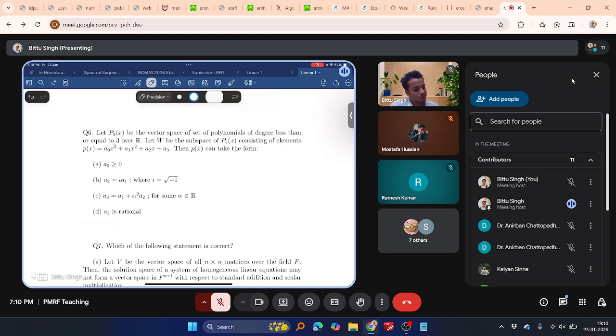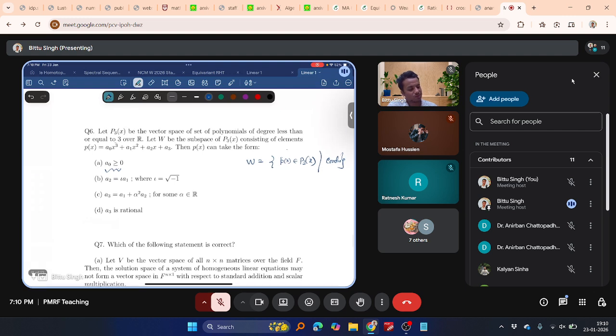So if we consider the first condition, then it is clear that 0 belongs to that subspace. So we are finding the conditions on p(x) belonging to P3(x), for which W is a subspace.